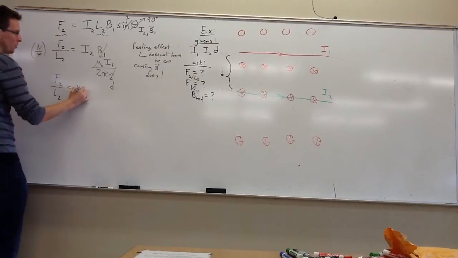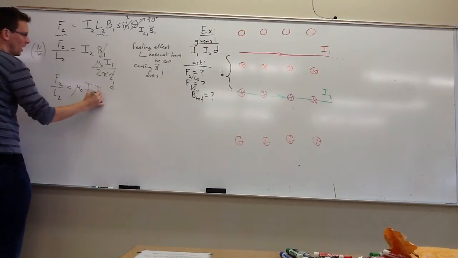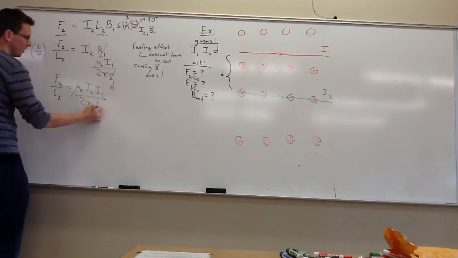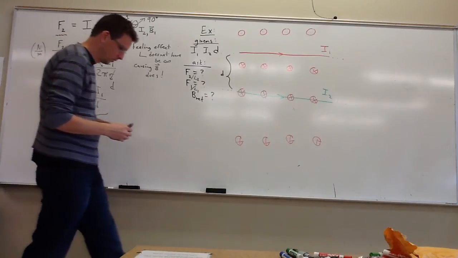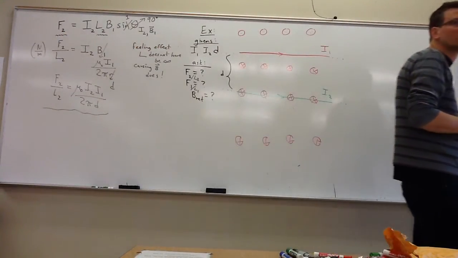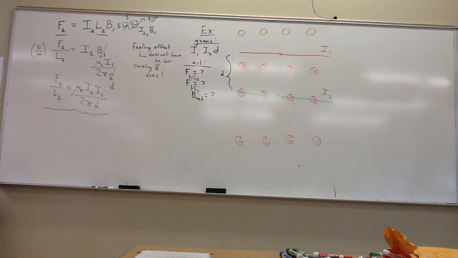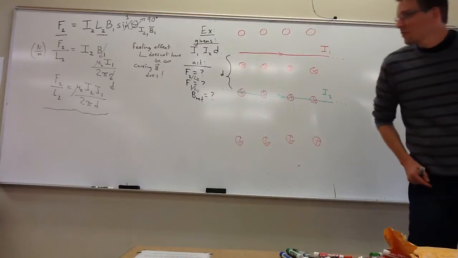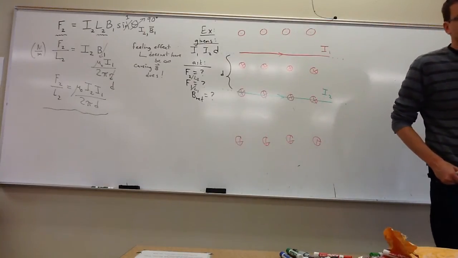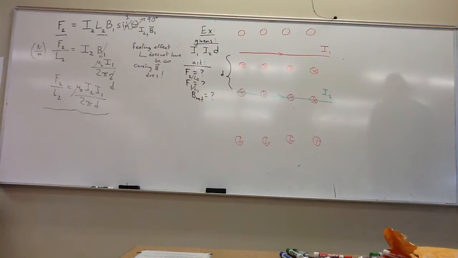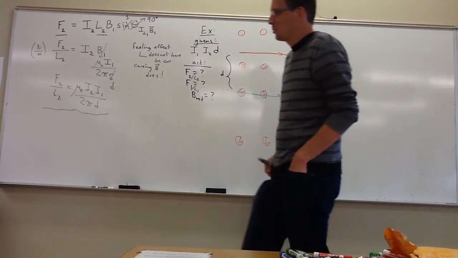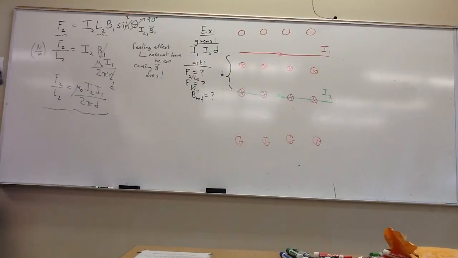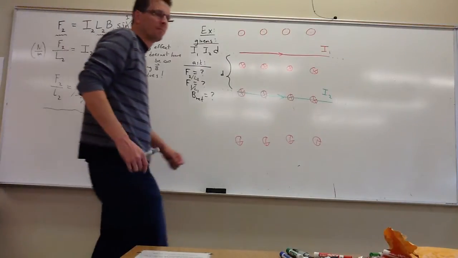Let's consolidate: mu naught I2 I1 over 2 pi d. Now, that may not look like an answer per se, but let me remind you that that is an expression involving only givens, the two currents and d. And then, of course, mu naught and pi are constants, so those are always allowed. So that's the force per unit length that wire 2 experiences from wire 1.